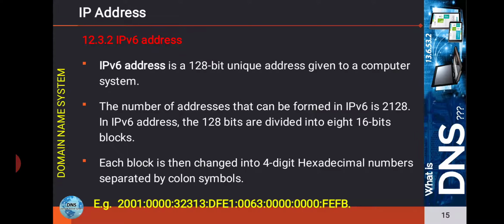That is not 2 times 128, it's 2 power 128. We can divide these 128 bits into 8 blocks of 16 bits. Just keep in mind, we divide this 128 bits into 8 blocks of 16 bits.